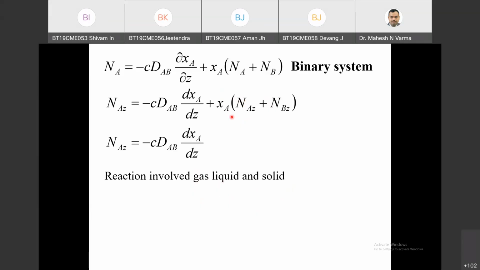That itself gives resistance to mass transfer, so the resistance will be higher, and the velocity of the molecules in liquid and solid will be very, very small. Less velocity means negligible bulk motion, and overall mass is transferred because of the concentration gradient only, given by just a molecular flux.